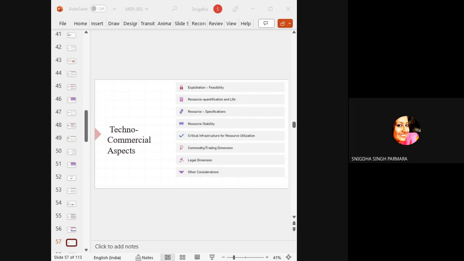Next, resource stability. It is possible that a certain output or a certain resource is available in an area for the time being, right now, but it may not be available in future. So that too needs to be figured out, whether a resource which is available in a state or in a given locality, at a geographical location right now, is going to be available even in the near future.